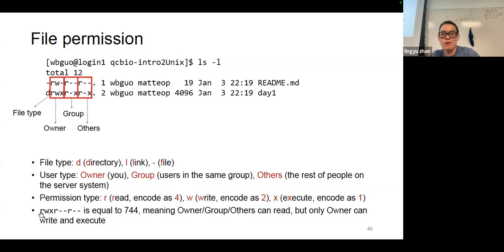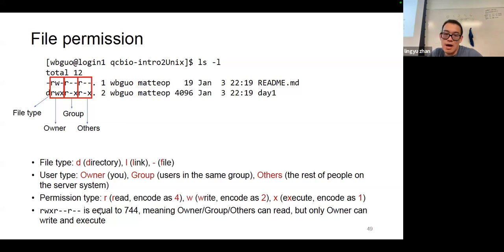For example, if we have RWX for the owner, and only R for the group and the other category, the first one would be 4 plus 2 plus 1, so 7 here. The other two would just be 4. So if you write 744, it indicates this type of structure.